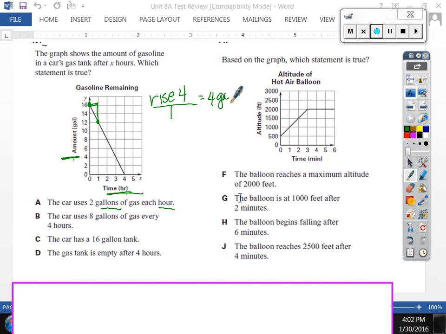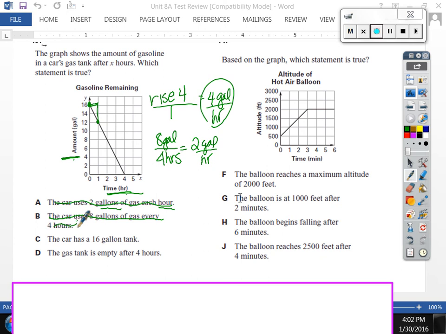That means I'm using 4 gallons per hour, so this is not true. Then it says the car uses 8 gallons every 4 hours, which would be 2 gallons per hour, and we've already determined that the slope is 4 gallons per hour. So this one is also not true.